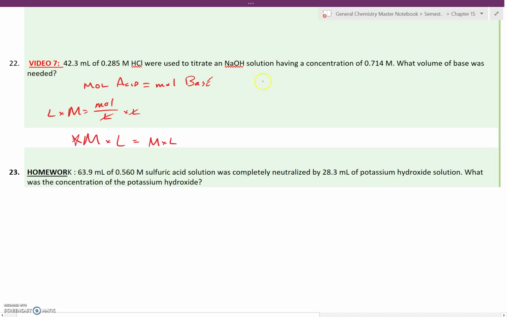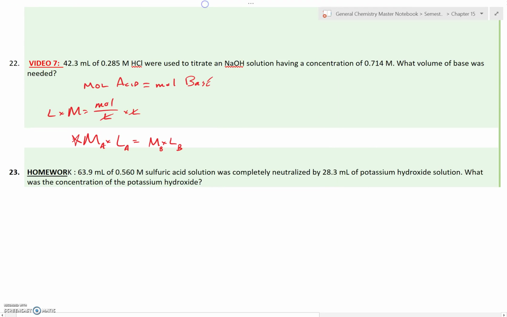And so our first step then, using our equation here that we just figured out, we'll put little A's for acid and B's for base. The molarity of our acid was 0.285. And the volume of our acid was 42.3 milliliters.